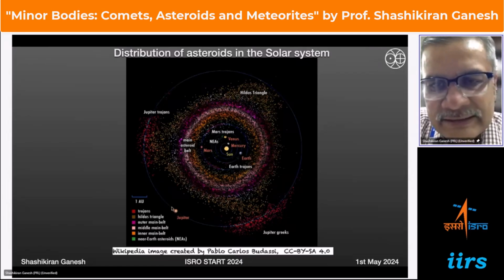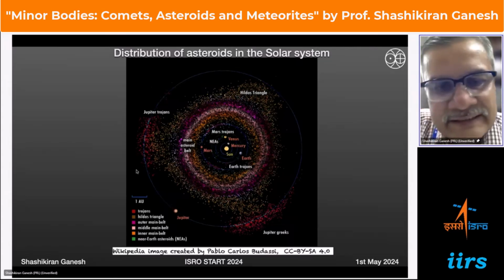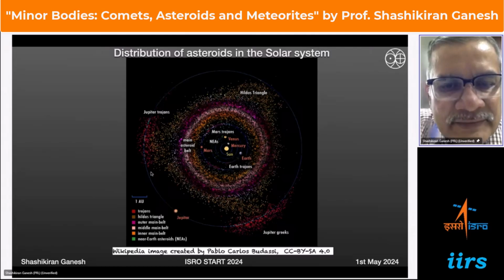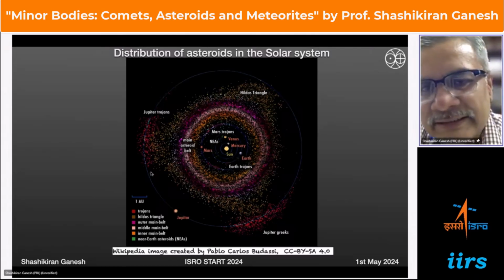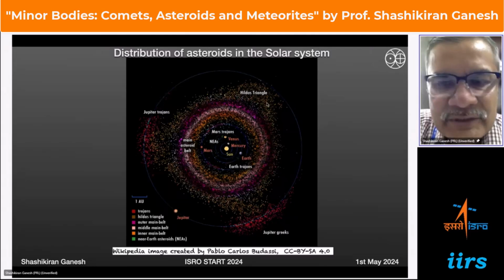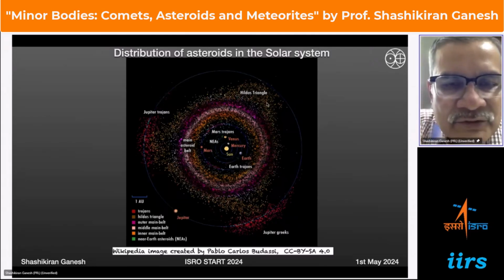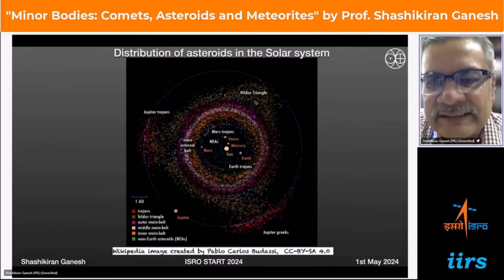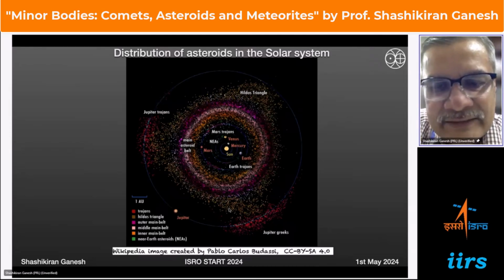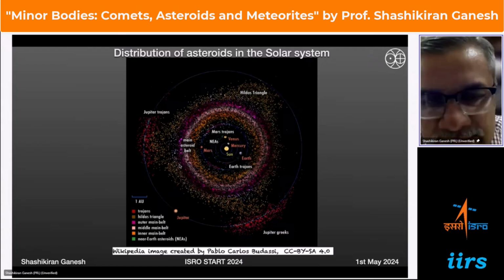Jupiter, being so massive, has a collection of objects at its L4, L5, and also L3 points. These are known as the Jupiter Trojans, the Jupiter Greeks, and the Hildas. So you have a very prominent distribution which is co-moving with Jupiter.